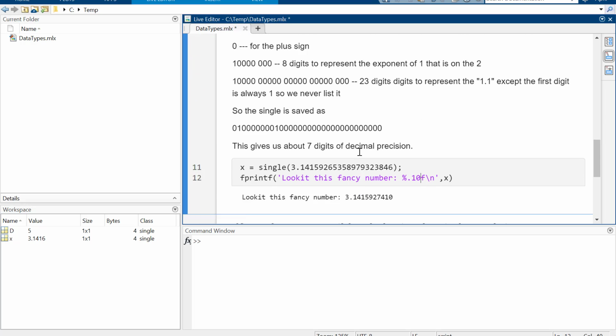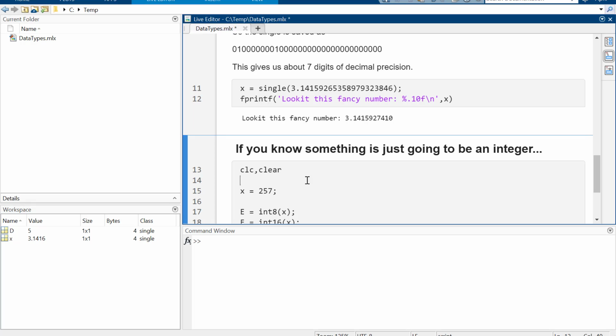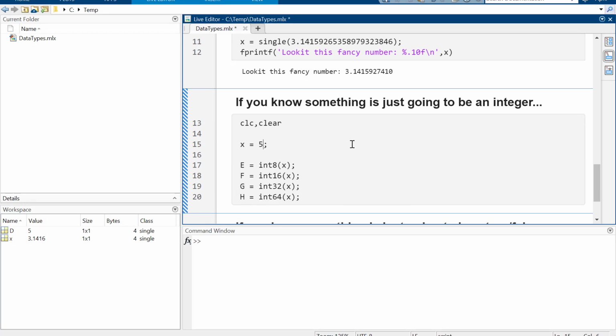Kind of along the same lines, if you know something ahead of time is going to be an integer, you can save things as integers in Matlab. I'm just giving you an example. It's called int8.